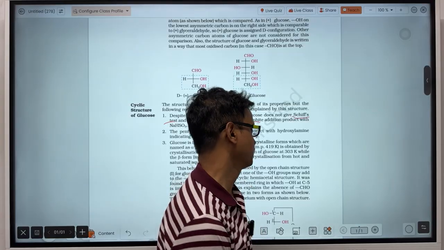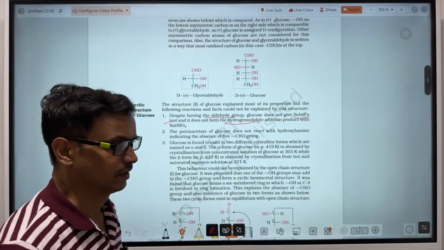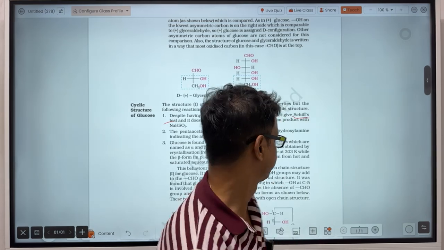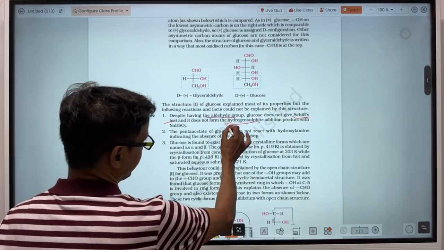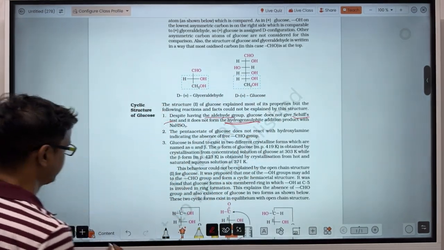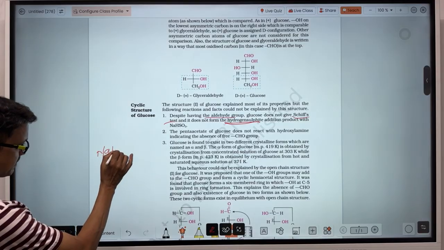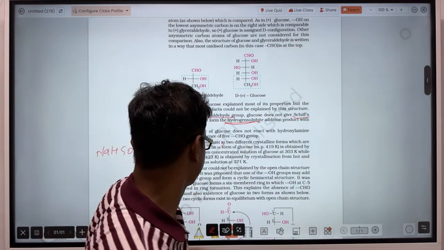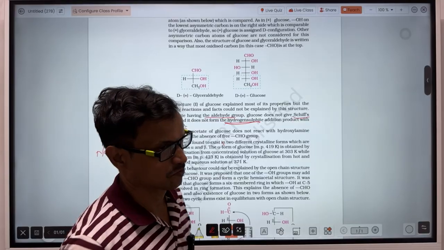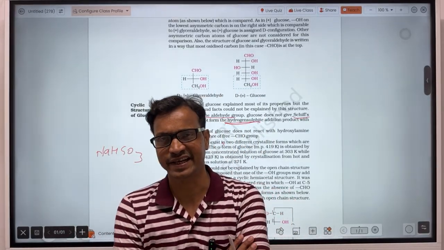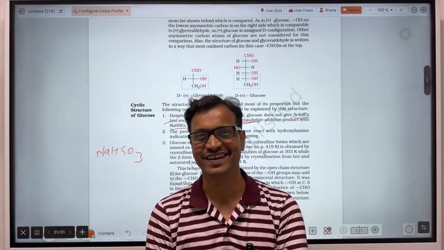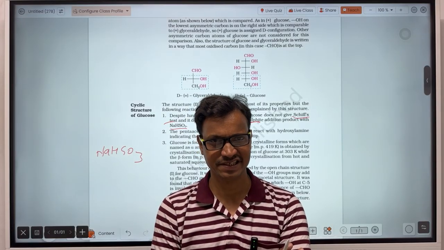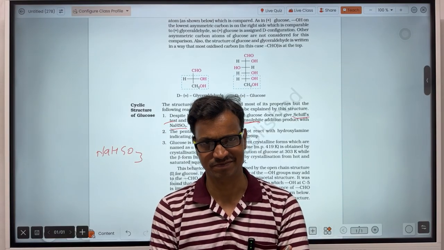In addition to that, glucose also doesn't react with hydrogen sulfite, that means NaHSO3. Okay, written here also. So glucose doesn't react with NaHSO3. So this reaction indicates that in glucose there is no aldehyde group.